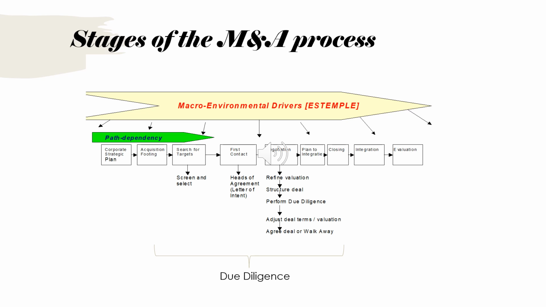Now, prior to the negotiation, you will have already had some idea of what the company might be worth, but now you can collect information through due diligence to refine that valuation and structure your deal and perform a much more detailed investigation. This assumes, of course, that the target company is happy to allow you to ask lots of detailed questions. And this allows you to adjust your deal terms and your valuation, which obviously you'll then present to the target company to see if they'll agree.